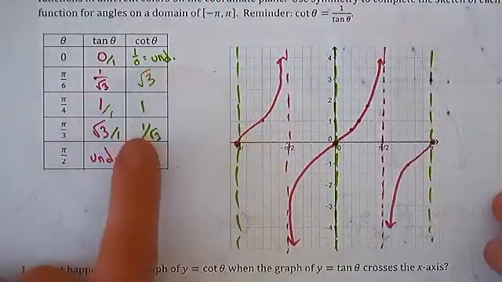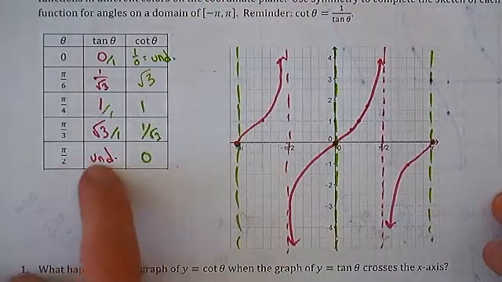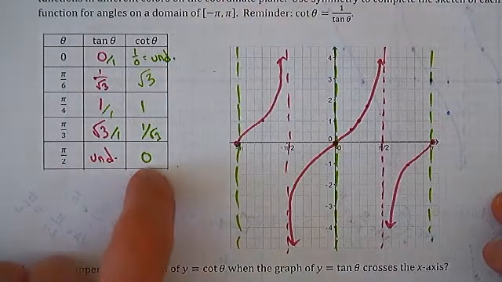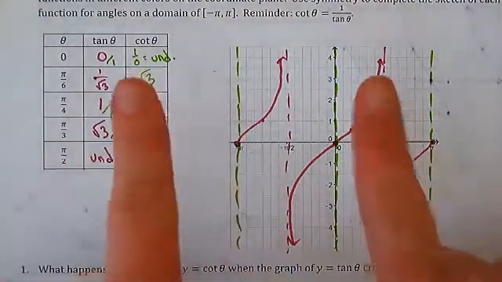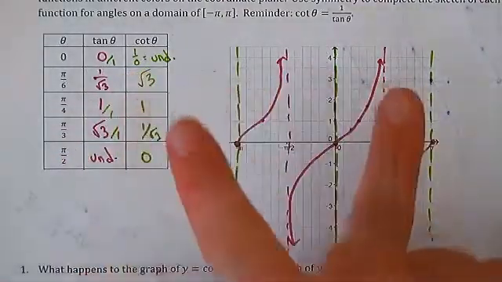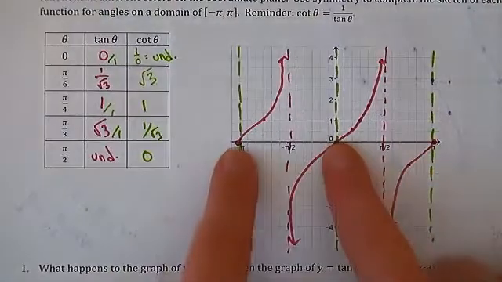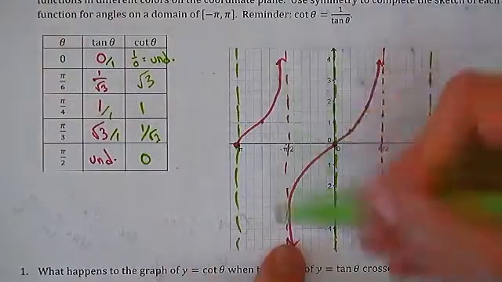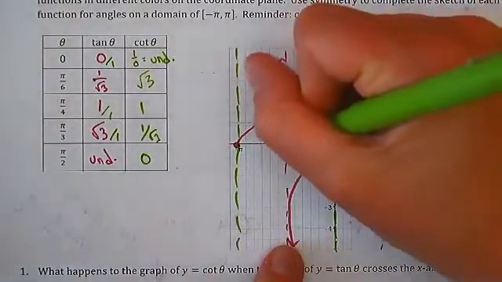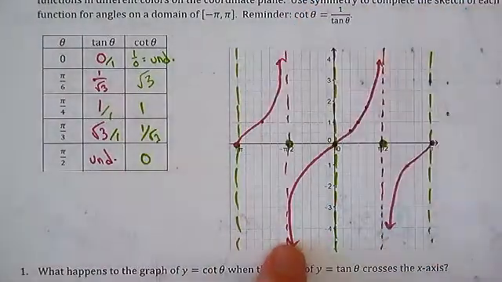And the next thing to point out is that all asymptotes of tangent become points on the midline for cotan. So literally with cotan and tangent graphs, the asymptotes and the points on the midline swap places. So the points of tan became the asymptotes of cotan, and the asymptotes of tan become points for cotan.